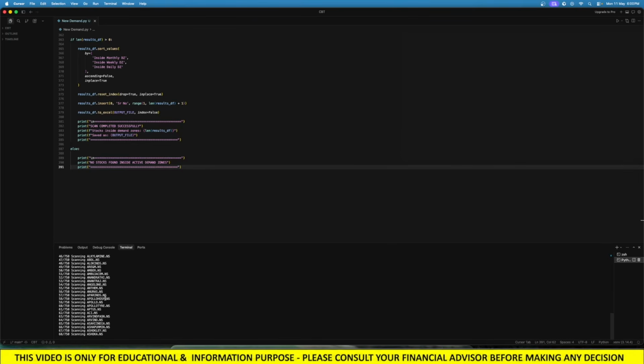Wait for some time, it will take 1 or 2 minutes to scan all the 750 stocks and give us an Excel sheet with all the filtered stocks. It's still running, it has scanned 450 stocks.